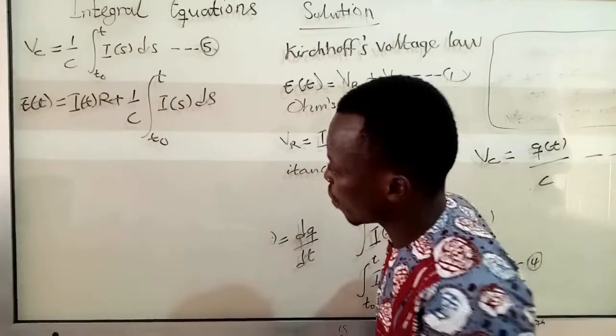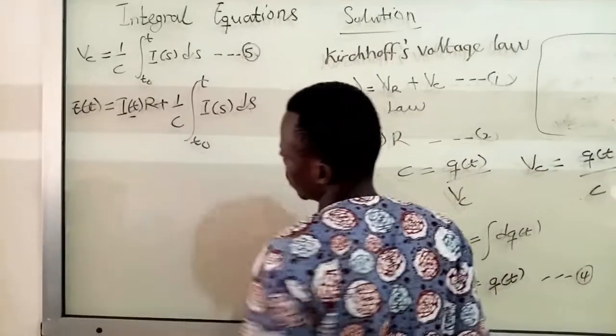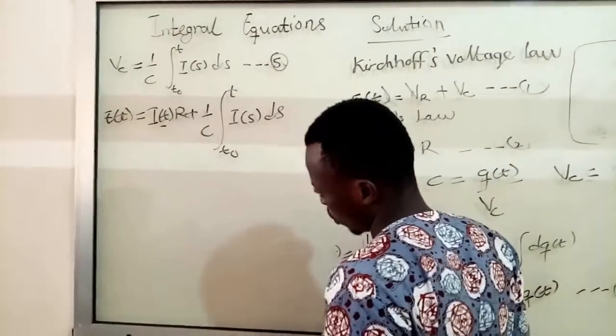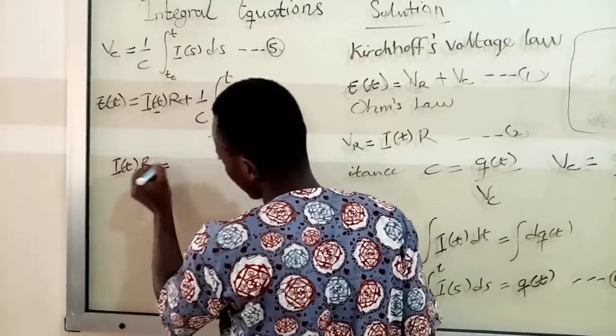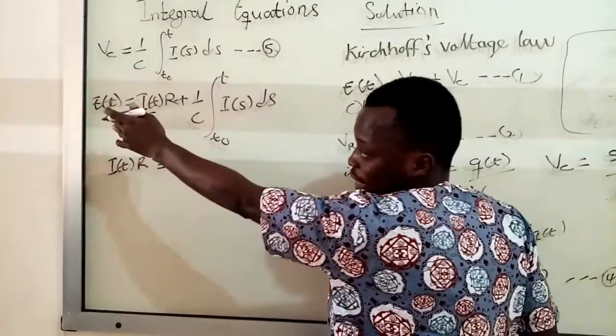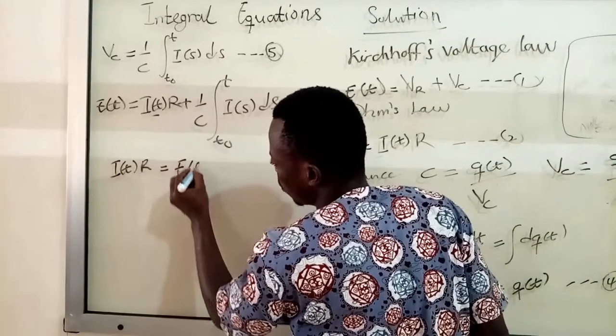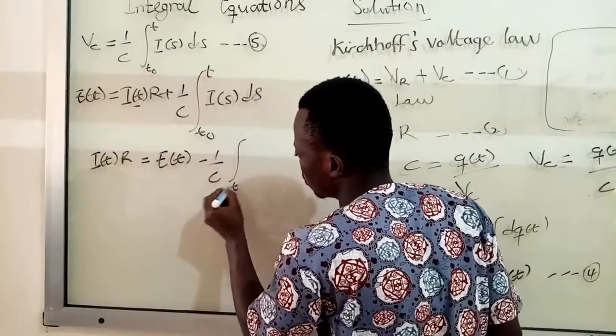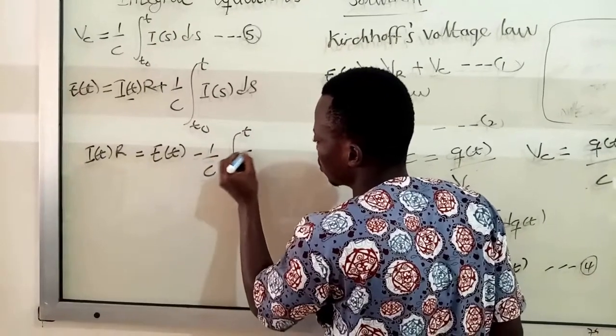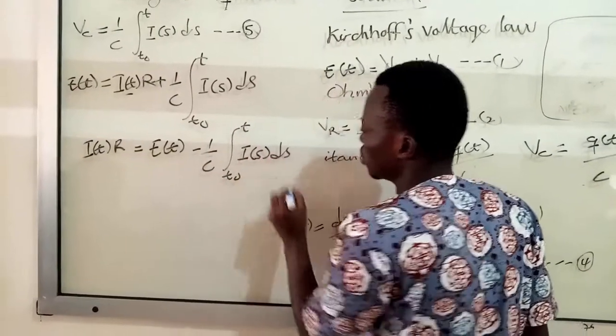Now let's make I of t the subject of the equation. I of t R is equal to, we move this one to the other side, E of t minus 1 over C integral from t naught to t of I of s ds.